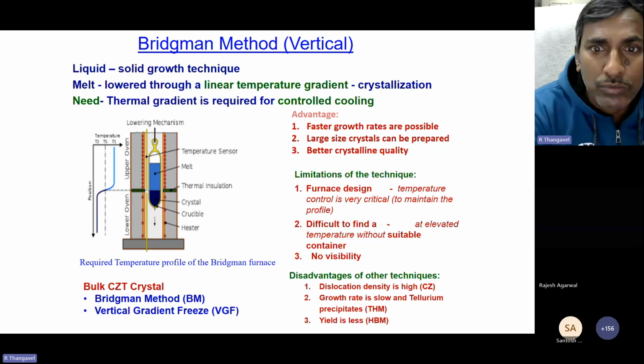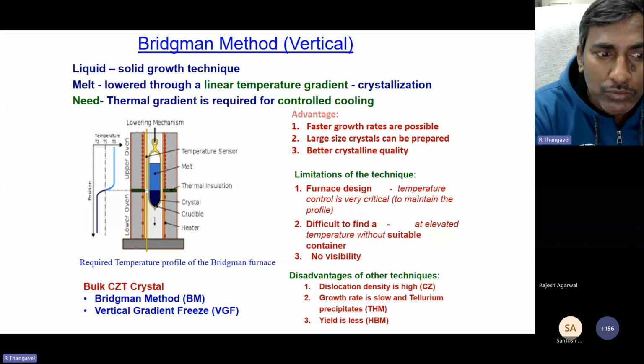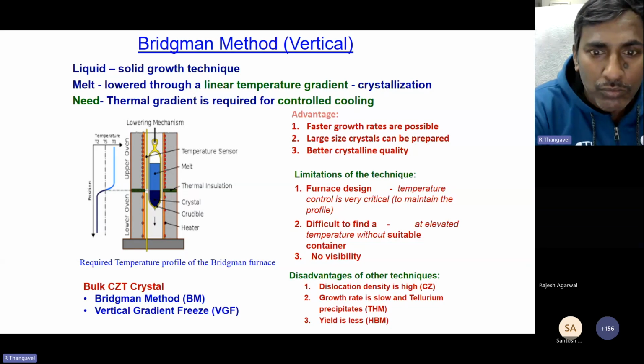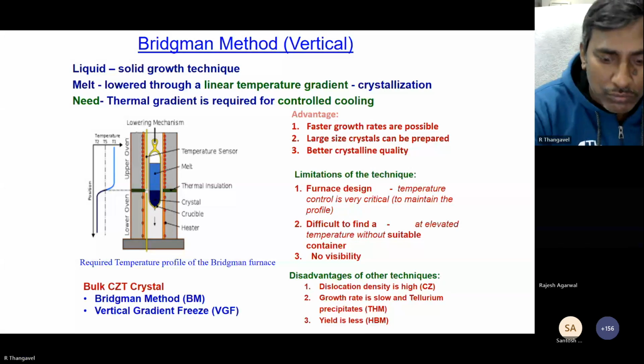Lowering the thermal gradient is required by controlled cooling. In the Bridgman method, the main advantages are that faster growth rates are possible, large size area crystal can be prepared, and better crystalline quality. But sometimes dislocation density is high as compared to the CZ method. Growth rate is slow and various crystals can be grown using this method.